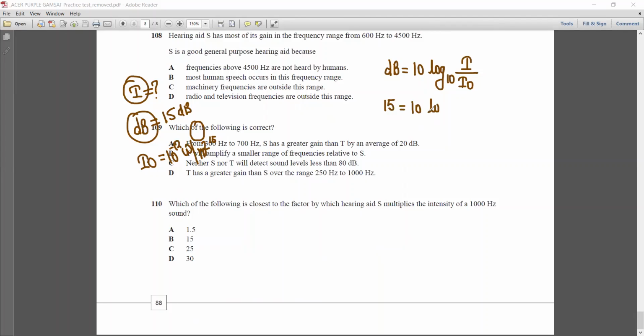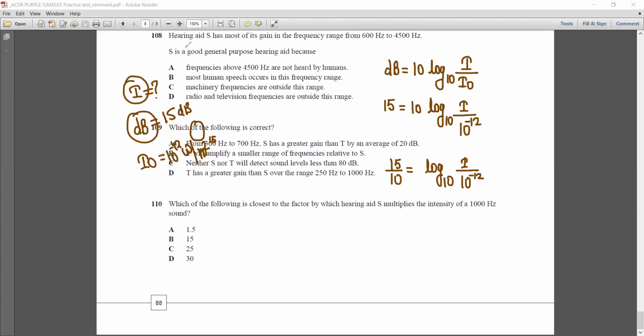So 15 equals 10 times log base 10 of I over I naught, where I we need to calculate and I naught is 10 raised to the power minus 12. So 15 divided by 10 equals log of I over 10 to the power minus 12.